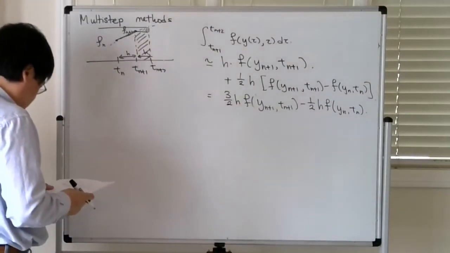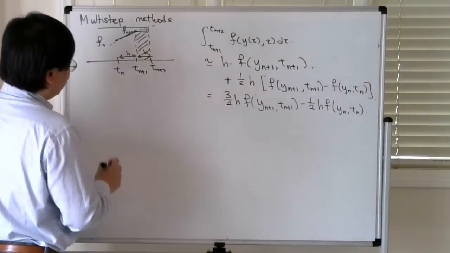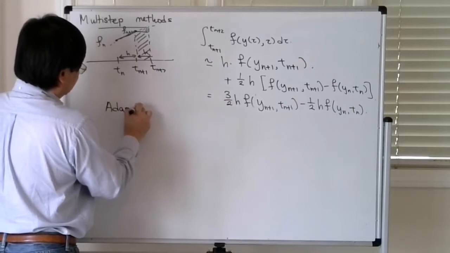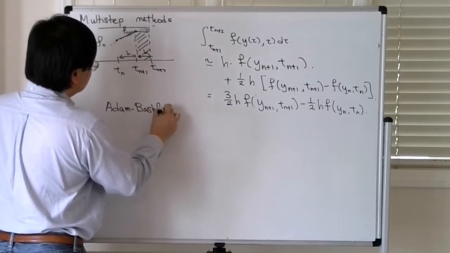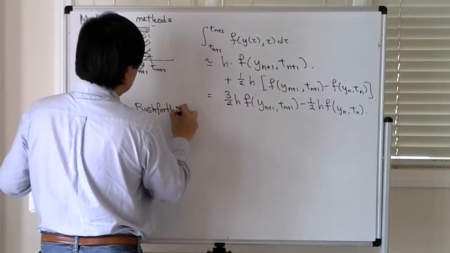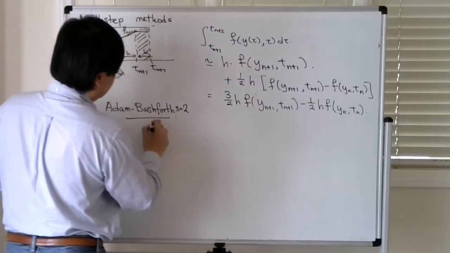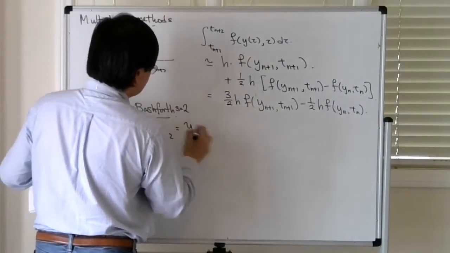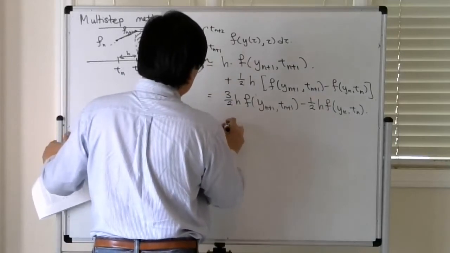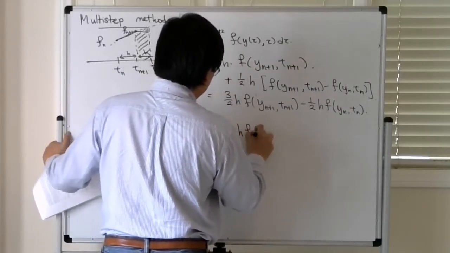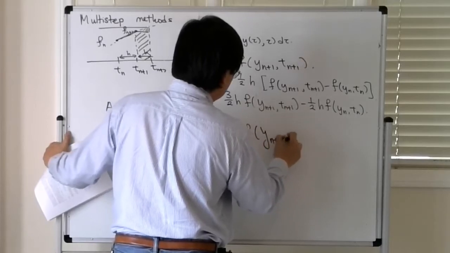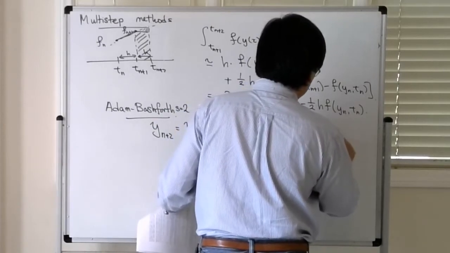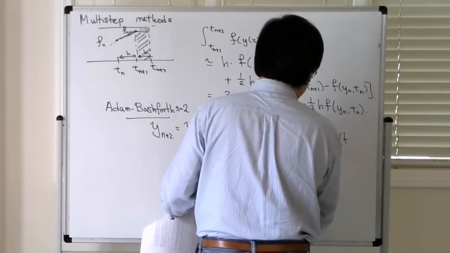So the method you end up getting is the Adams-Bashforth two method, the s equals 2 method: y at n plus 2 is equal to y at n plus 1 plus 3 over 2 h f at y n plus 1, t n plus 1, minus 1/2 h f at y n, t n.